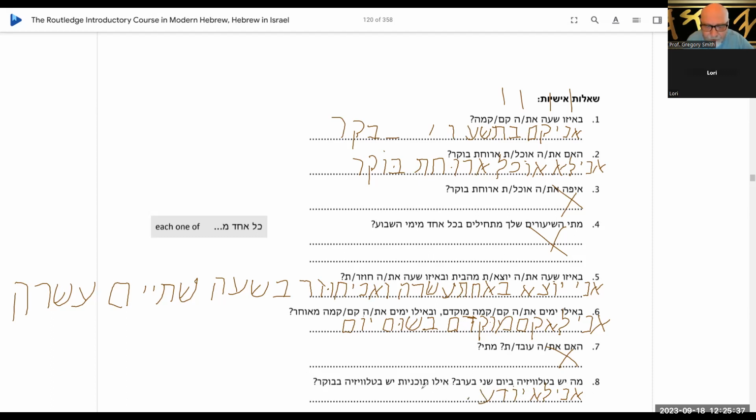Now, let's see, tokeniot yesh b'televizia b'boker. Elo, tokenit yesh b'televizia b'boker. Looks like it's tokeniot.